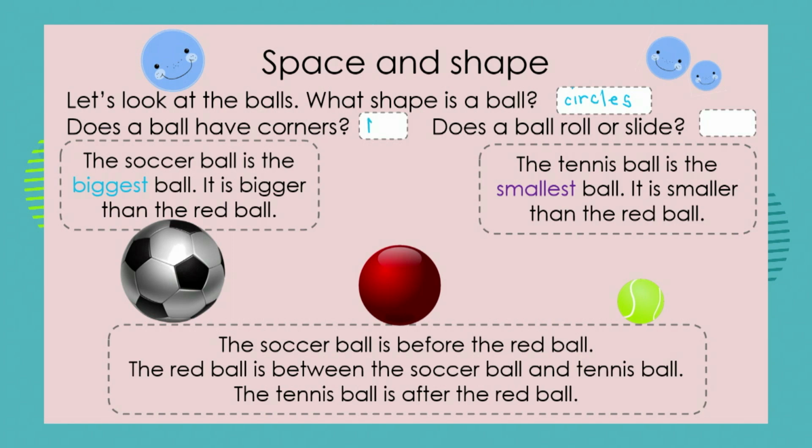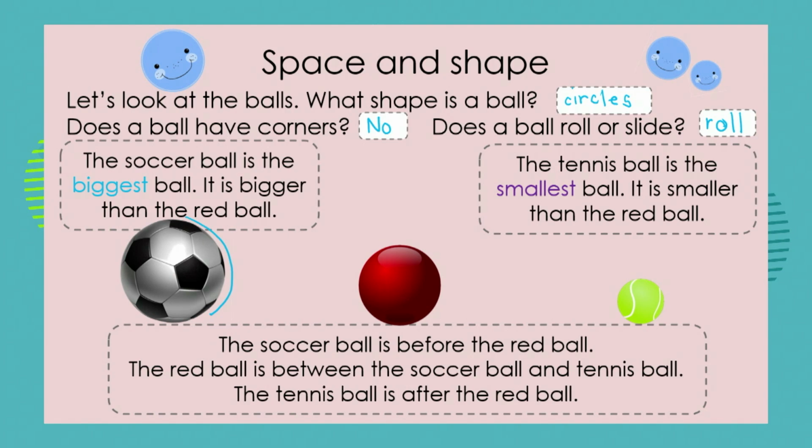No, a ball does not have corners, but it does have a curved side. Does a ball roll or slide? Very good. A ball can roll. We are going to look at some more examples just now.